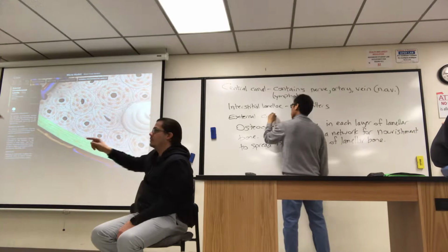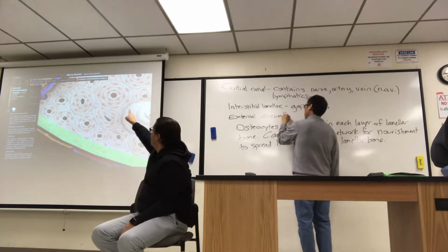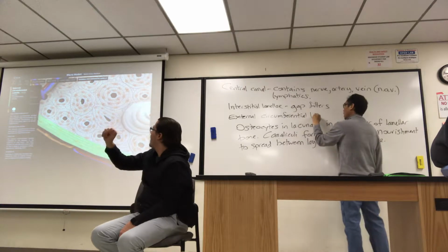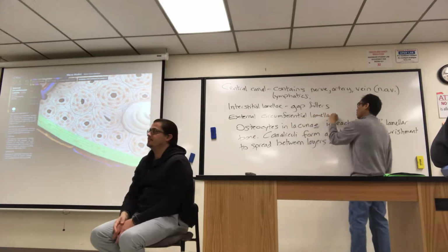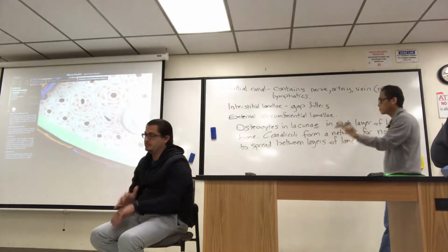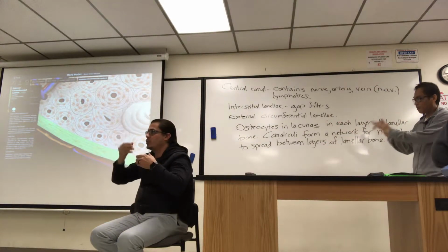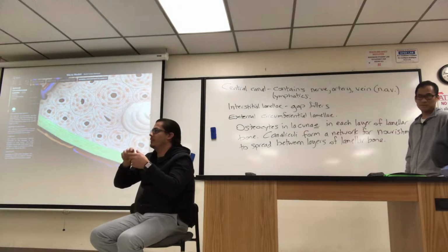External circumferential lamella. So it's basically layers of bone on the outer part. It's external, so the name of the term pretty much describes what it is.